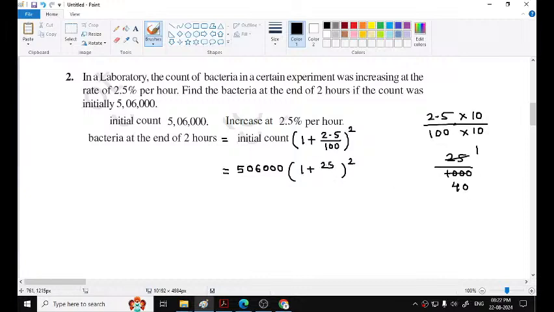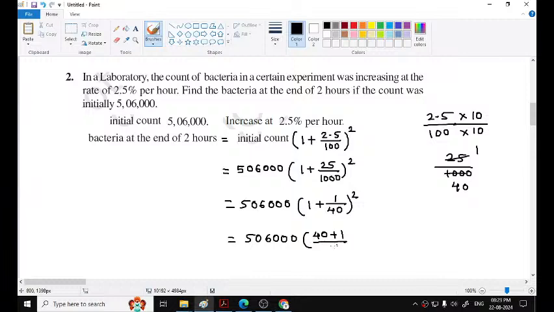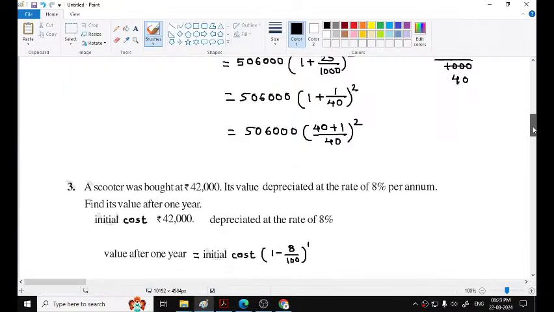So I will write this as 25 upon 1000. That is equal to 1 plus 1 upon 40 squared, that is (40 plus 1 upon 40) squared.